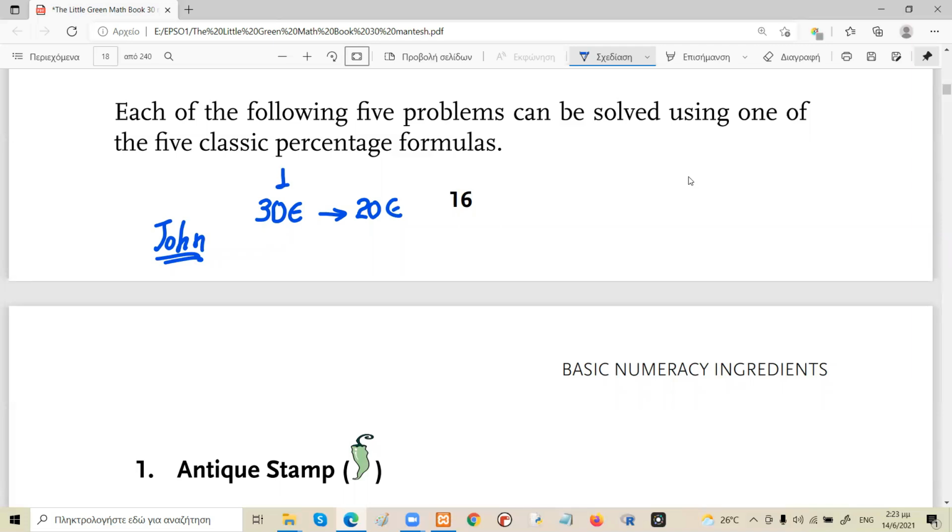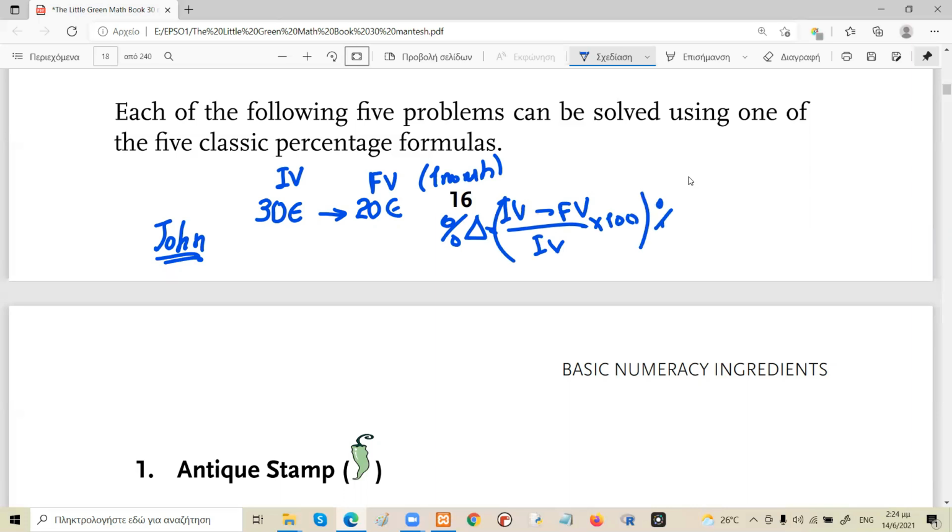So this was the initial value, and this is the final value, maybe after 1 month. So do we have a percentage decrease here? Yes. The percentage change is the initial value minus the final value, divided by the initial value, times 100%. So this is 30 minus 20, that's 10, divided by 30.